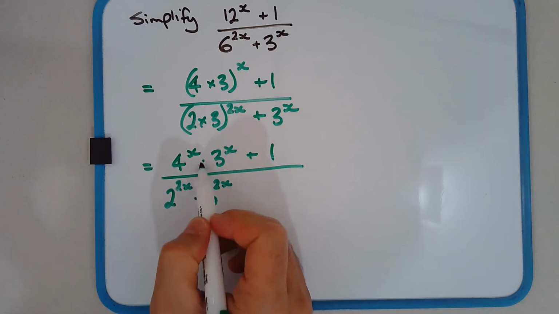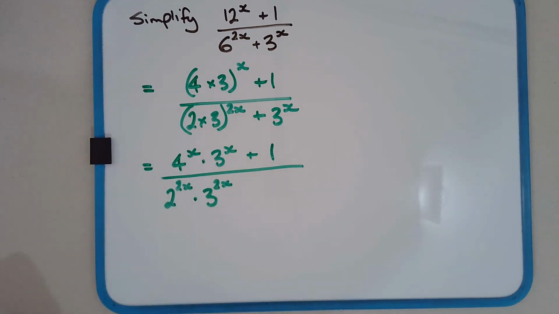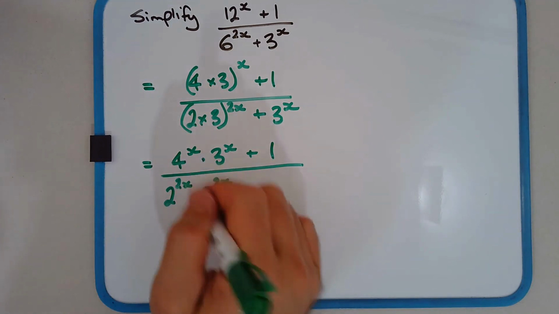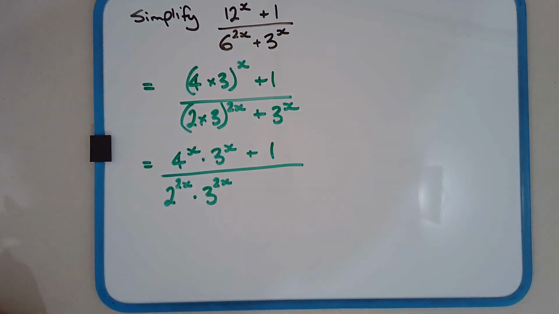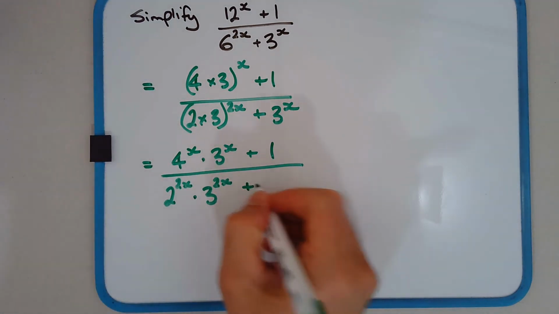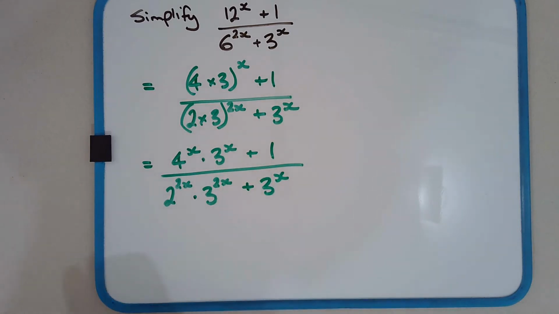Now, by the way, this dot here just means product. It's a shorthand way of writing multiplication, so sometimes it's easier just to use the dot notation there. Plus 3 to the power of x. Okay, so let's see where to from there.